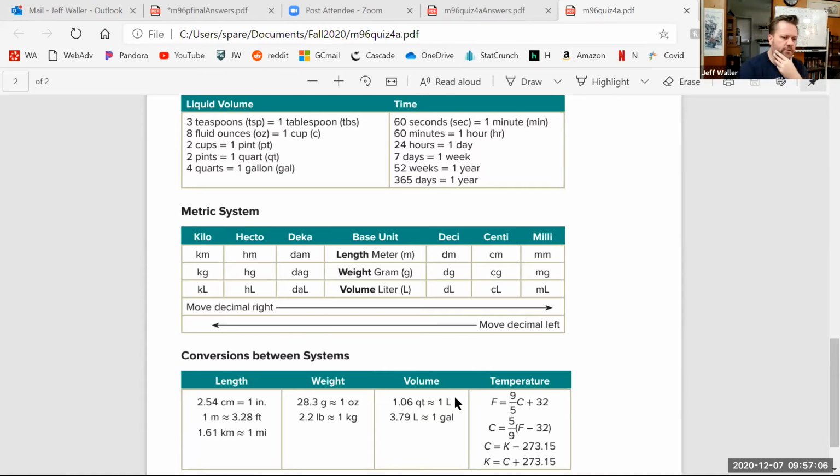Do you see what we did though? I know I'm in liters and I know I want to get to ounces. So where's ounces? Here's ounces. If I can get to cups, pints, quarts, gallons, oh, down here is liters. I could go from liters to gallons, but I could also go from liters to quarts, and that's a little bit better because it's closer to where I want to be. Do you guys get that thought process?